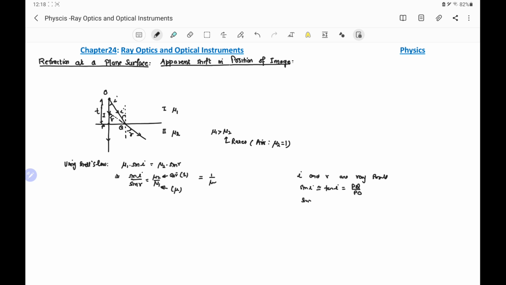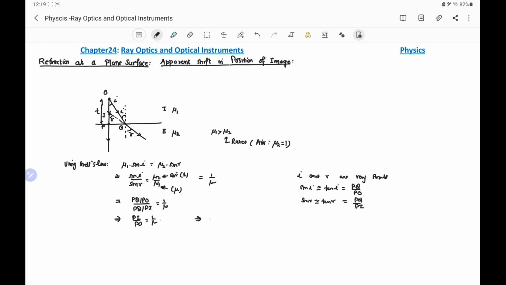Similarly, sin R will be approximately equal to tan R, again perpendicular by base, this is PQ by PI. Substituting the values here, we have PQ by PO divided by PQ by PI equals 1 by mu, or we can write it as PI by PO equals 1 by mu.